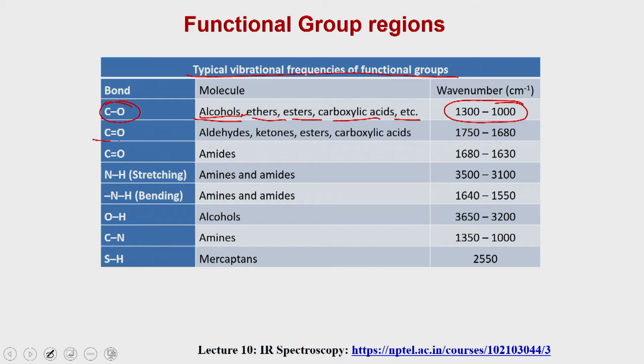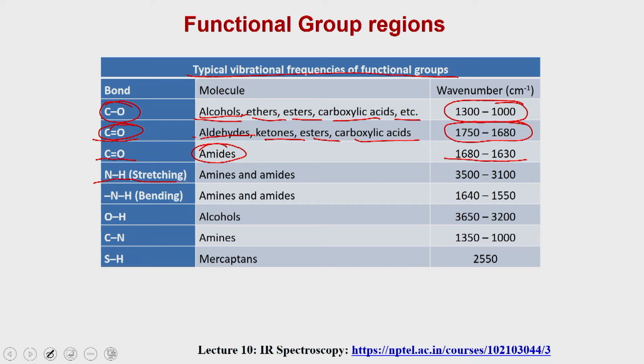Then you have the C=O, the carbonyl bond, present in aldehydes, ketones, esters and carboxylic acids, which absorbs in the range of 1750 to 1680. The carbonyl bond in amides absorbs between 1680 and 1630.